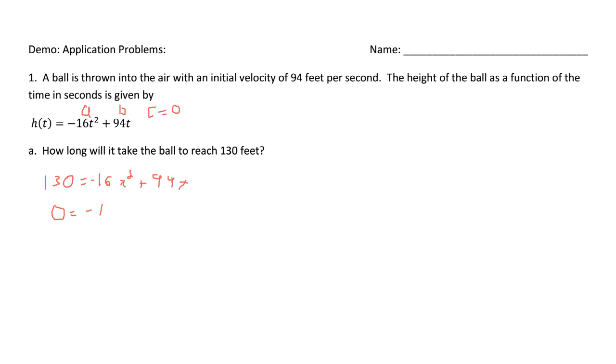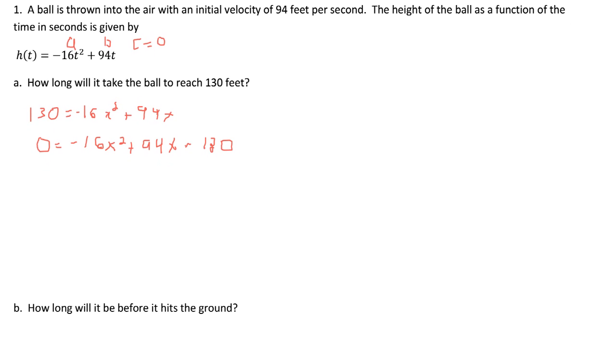Negative 16 x squared plus 94x minus 130. And then we use the quadratic formula from there.